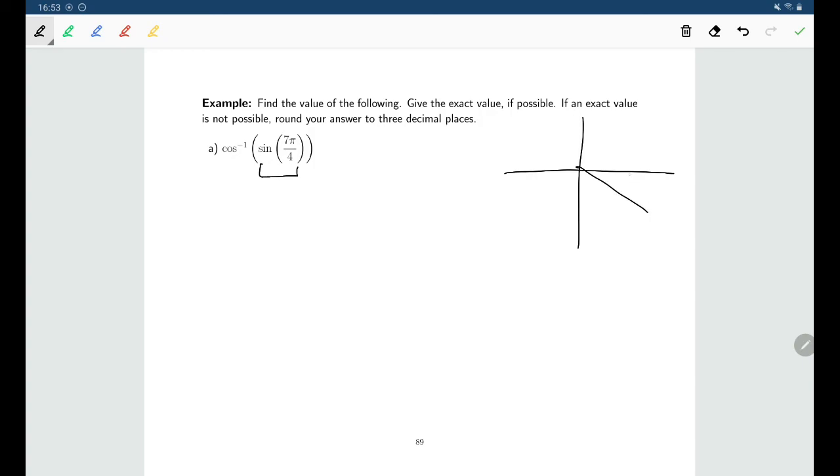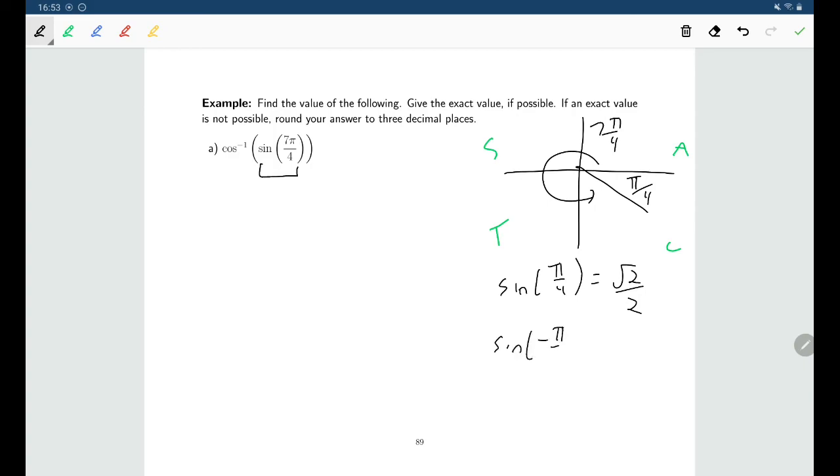If you were to draw your angle, 7 pi over 4 happens to be in quadrant 4, where sine is negative, and it has a reference angle of pi over 4. Using your special triangles, sine of pi over 4 is root 2 over 2. And so sine of negative pi over 4, which is the same thing as sine of 7 pi over 4, would be negative root 2 over 2.